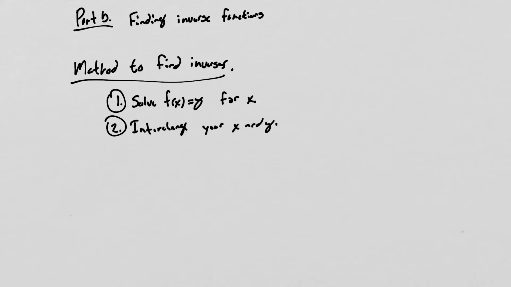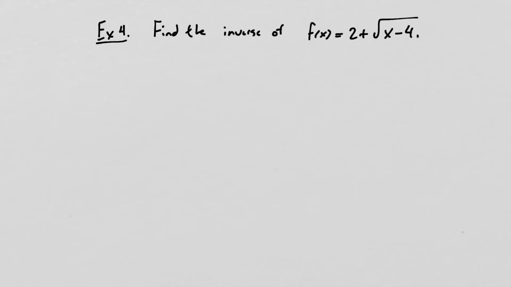Let's apply this to a situation to find the inverse. Example 4. Find the inverse of the following function. Let's rewrite our equation down here. Again, we're trying to solve for x.